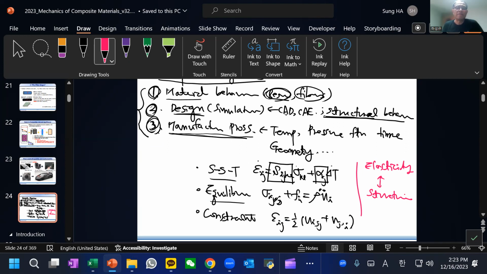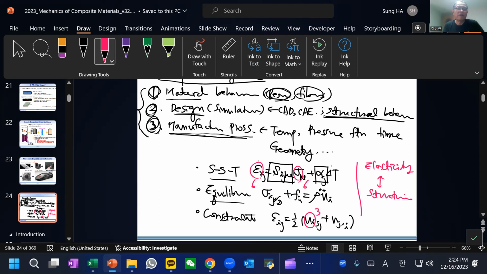The principle is the same, but in elasticity we have the displacement, the strain, and the stress. Those are three. The displacement is a 3 field, the stress has 6 components, and the strain has 6 components, right?